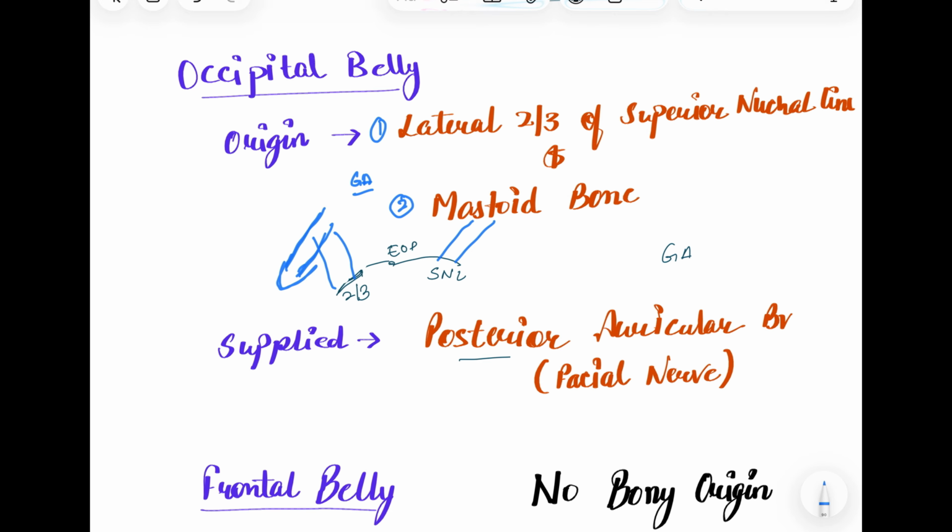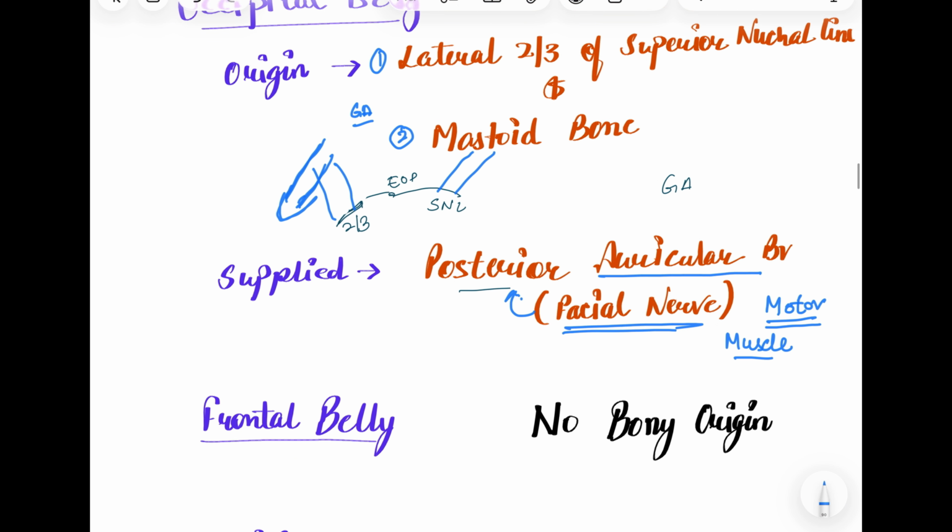This is supplied by the posterior auricular branch of the facial nerve. This is a motor nerve, as we can say. Why is it motor? Because it is supplying the muscle belly.